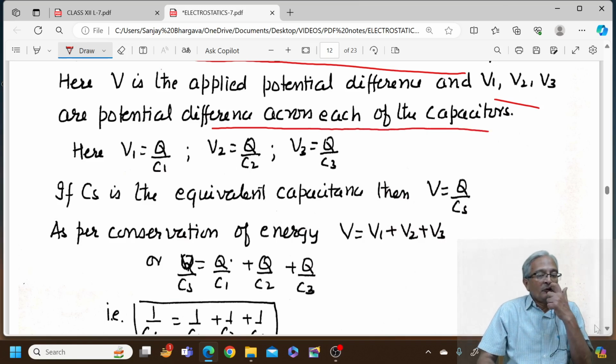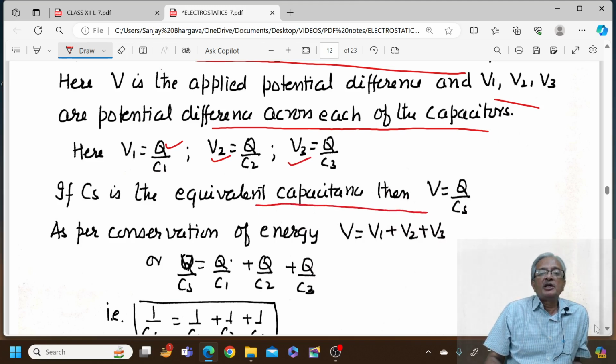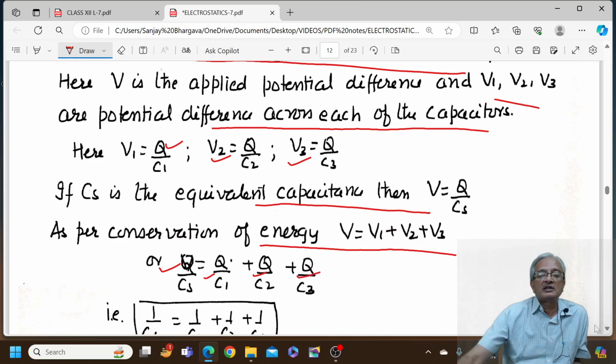Here V1 would be equal to Q upon C1, V2 would be Q upon C2, V3 would be Q upon C3. If Cs is the equivalent capacitance, then V would be Q upon Cs. As per conservation of energy, V would be equal to V1 plus V2 plus V3. So Q upon Cs would be Q upon C1 plus Q upon C2 plus Q upon C3.